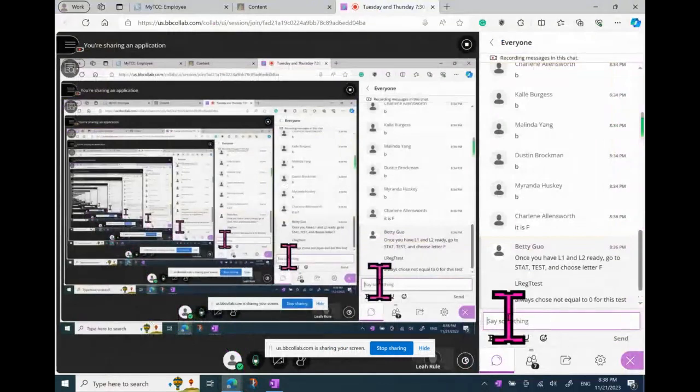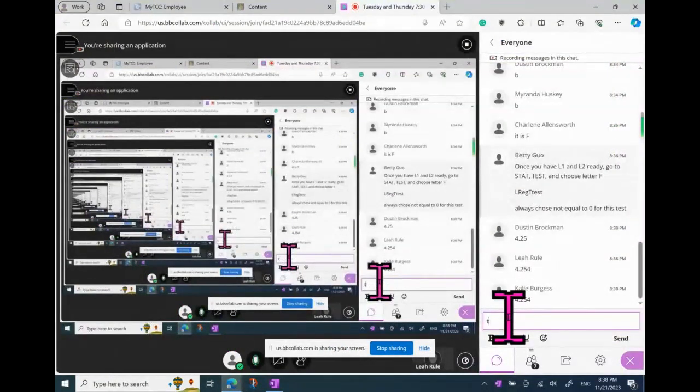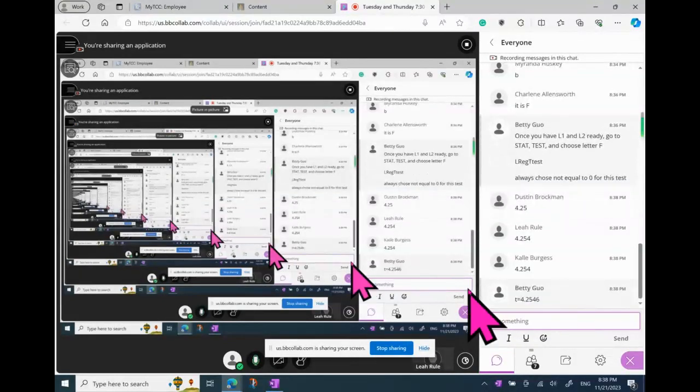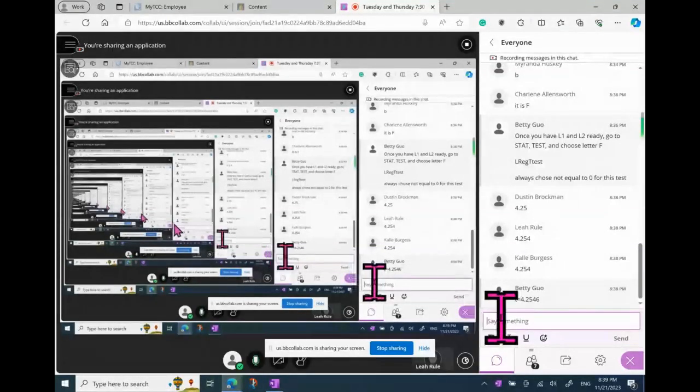T is the test statistic, by the way. I have t equals, let me just round it to 4 decimal places, 4.2506. Do you have the same thing? Okay, awesome. Same thing, yeah.